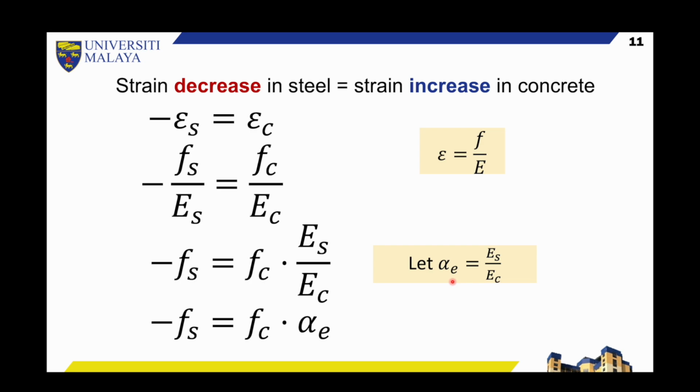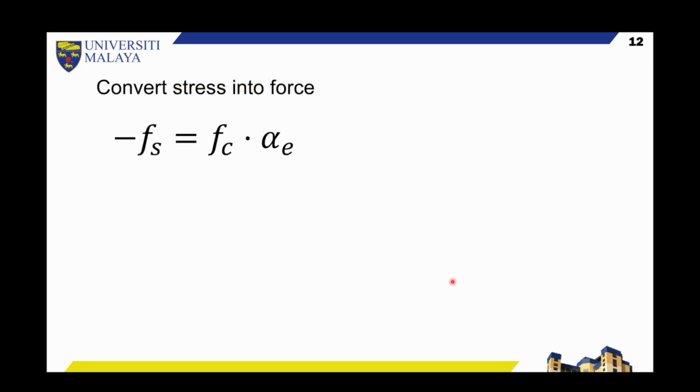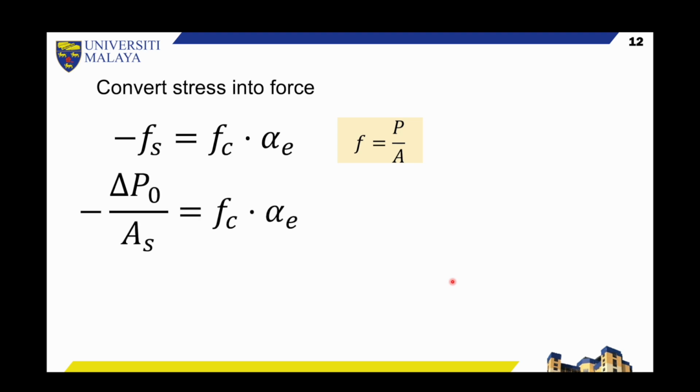So let's take this and convert stress into force. What is stress? It's simply force divided by an area, P over A. So replace that in the equation, you get this. Remember, the force in the steel is the force in the pre-stressing tendon itself, the cable.